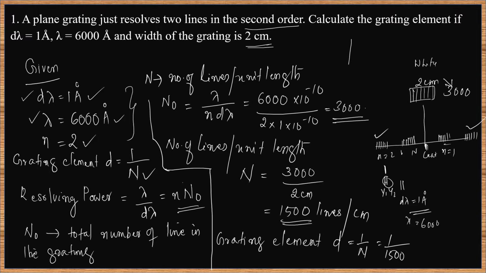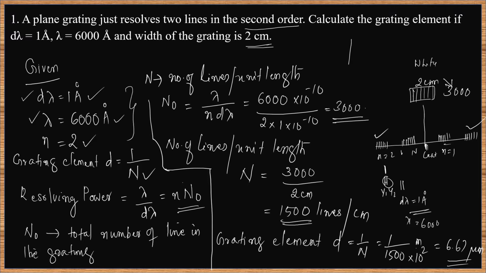So that is 1 by 1500 into 1 by 10 raised to minus 2 meter. You can use your calculator, so this is around 6.67 micrometer. So the grating element is 6.67 micrometer.